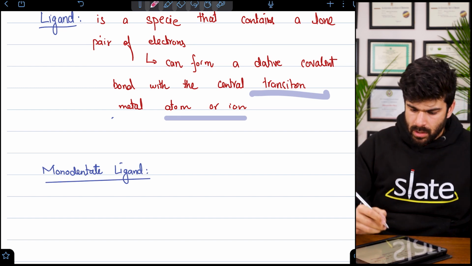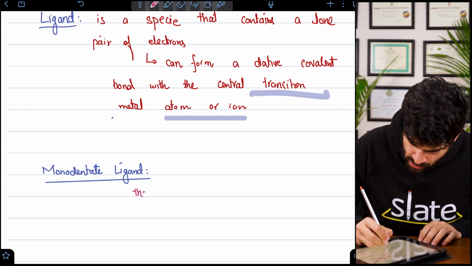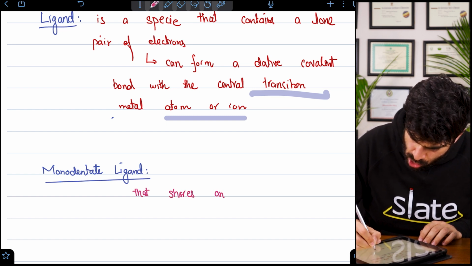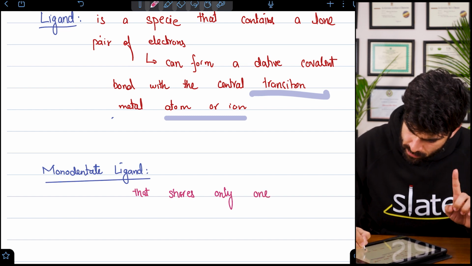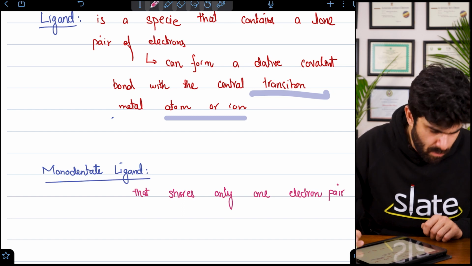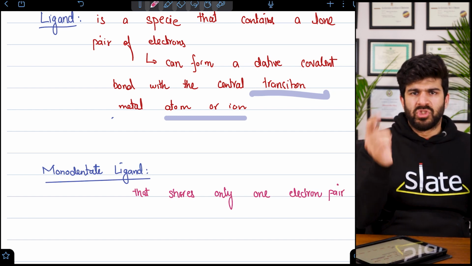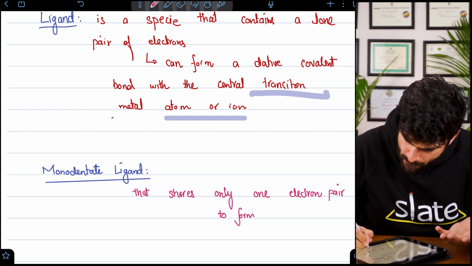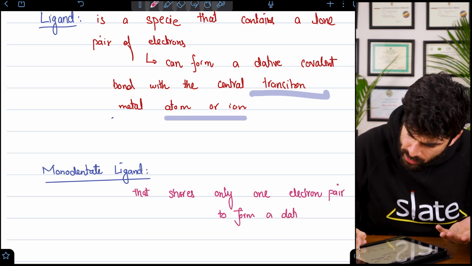Mono means one. So, a ligand that shares only one electron pair. Just one. Obviously, to form a dative covalent bond.